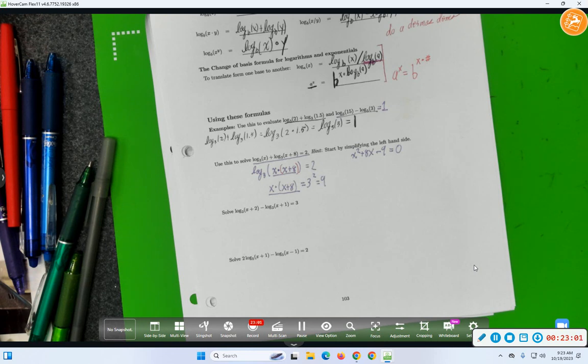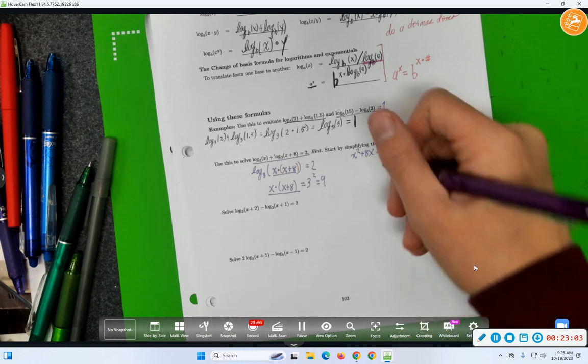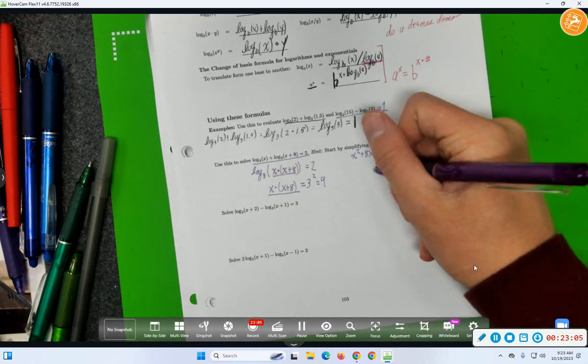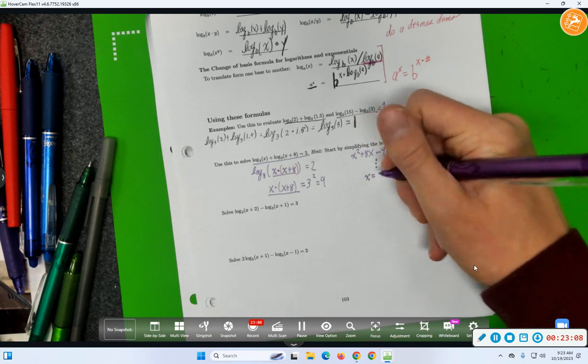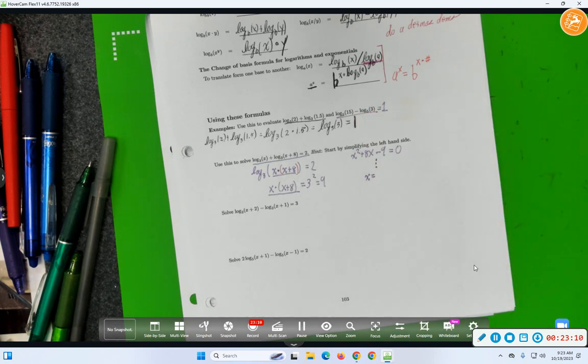Okay. Dot, dot, dot. The other option is also completing the square.